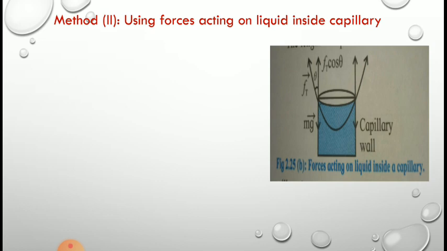Hence, weight of the liquid column must be equal and opposite to the proper components of force due to surface tension at the point of contact. The length of liquid in contact inside the capillary is the circumference. So the formula of circumference is 2 pi r.